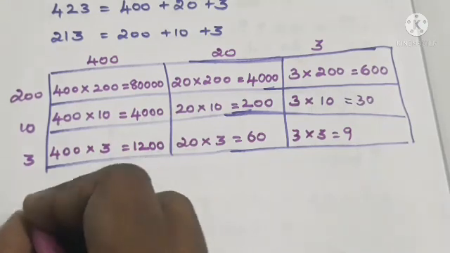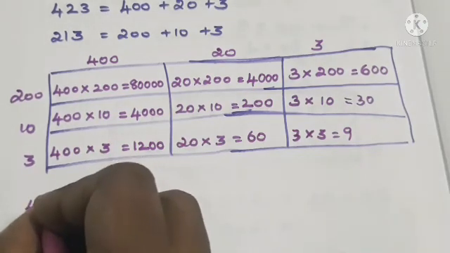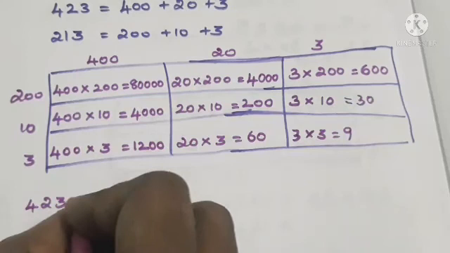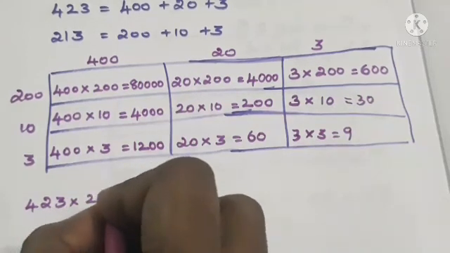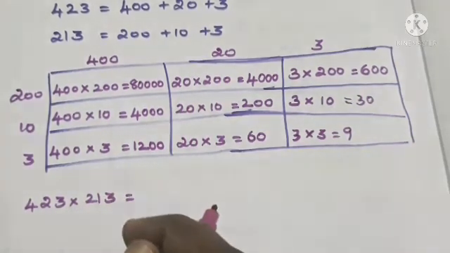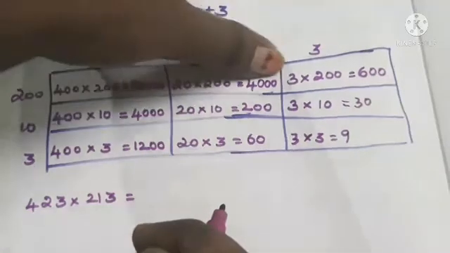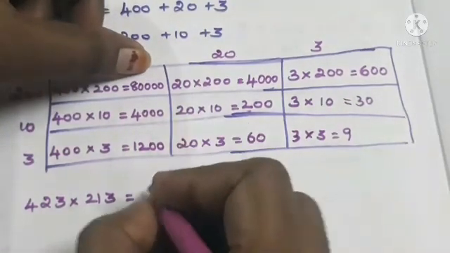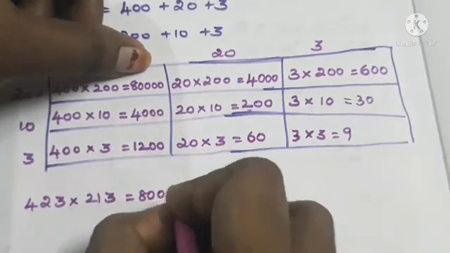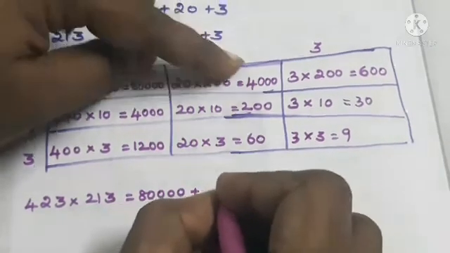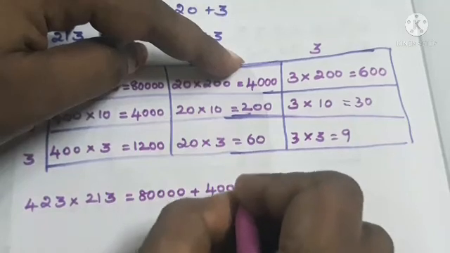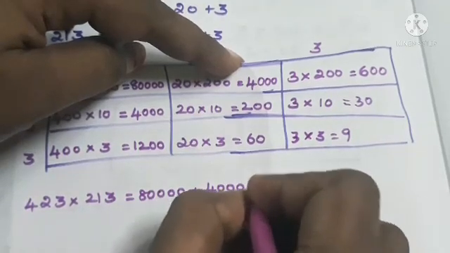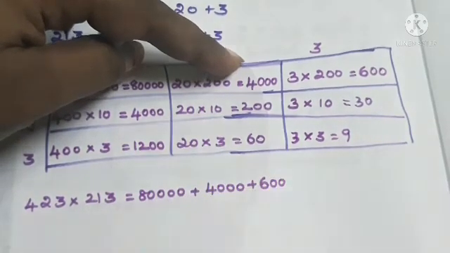So our question is we have to multiply 423 into 213, that is equal to. First we can write the first box products. So the first product is 80,000, plus next box we have 4,000, plus next one 600.